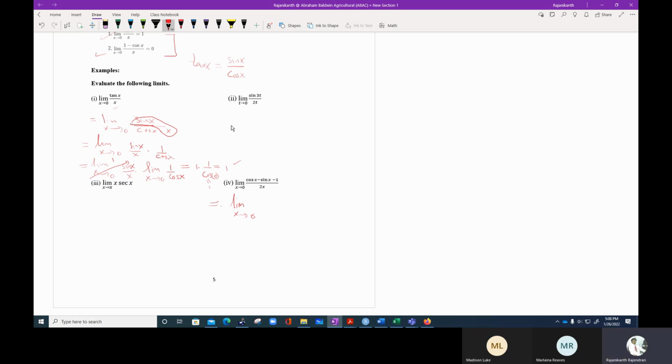remember, I'm going to bring 1 minus cosine x somewhere here. So this could be written as, let us separate cosine x and 1, and I'm writing sine x. Again, you could split these two like this.